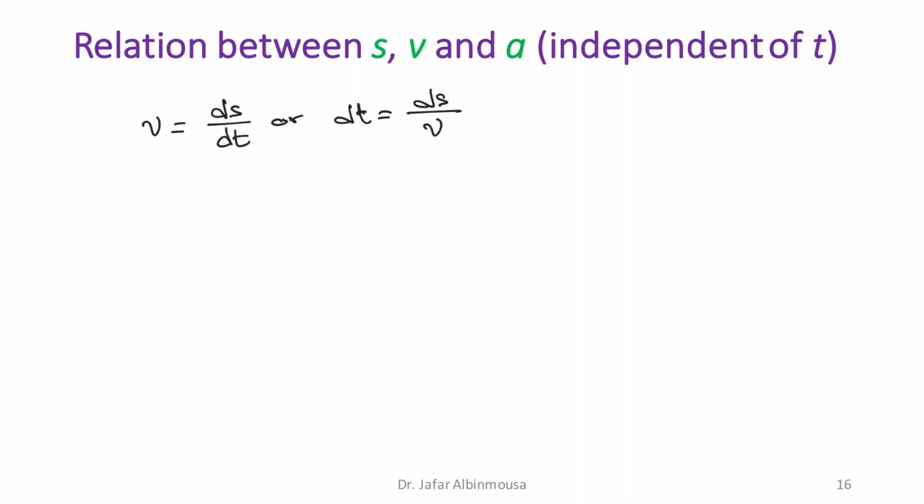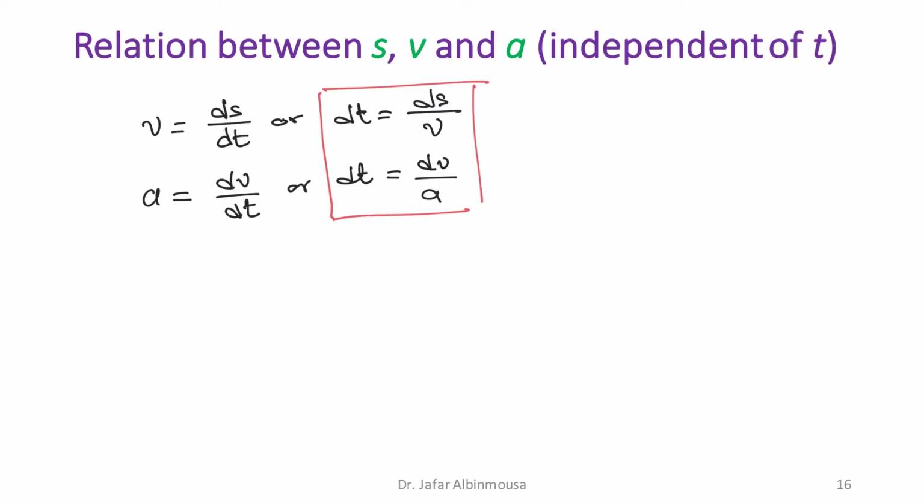Similarly, we can say that the acceleration is equal to dv over dt, or dt, which is equal to dv over a. Now clearly these two relations represent time, so we can say that they are equal. So ds over v is equal to dv over a.